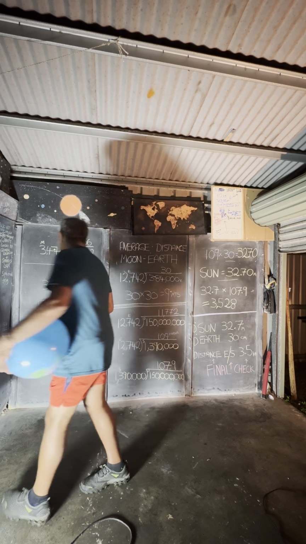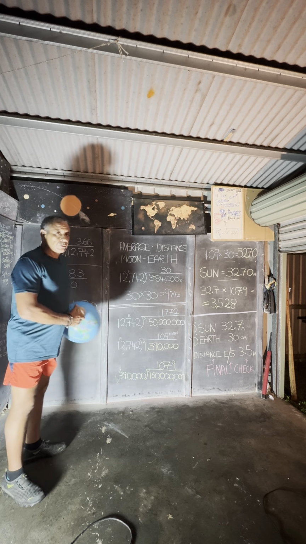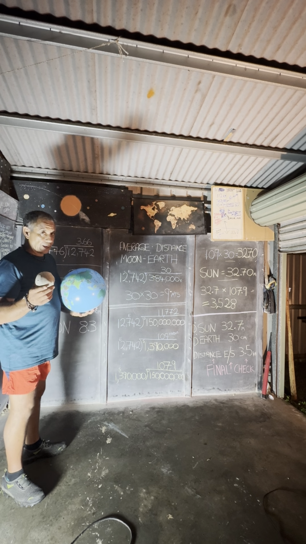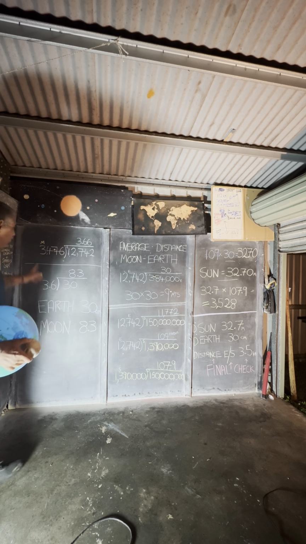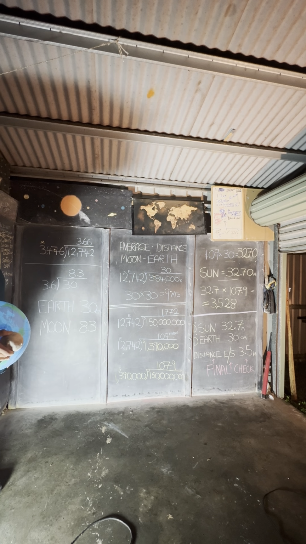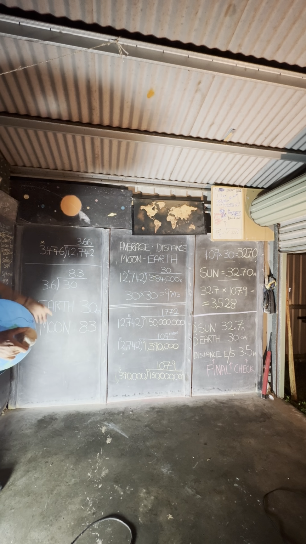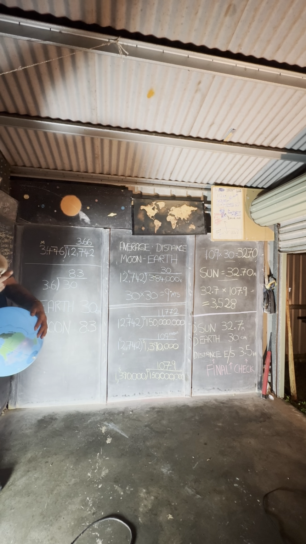That's why. Right, the first rule was to get Earth and the Moon to scale, okay? So we divided Earth's diameter by the Moon's diameter and we get 3.6. This is a 30 centimetre diameter globe. So we divided it by the 3.6, the result of the Moon and Earth, and we get 8.3 centimetres.